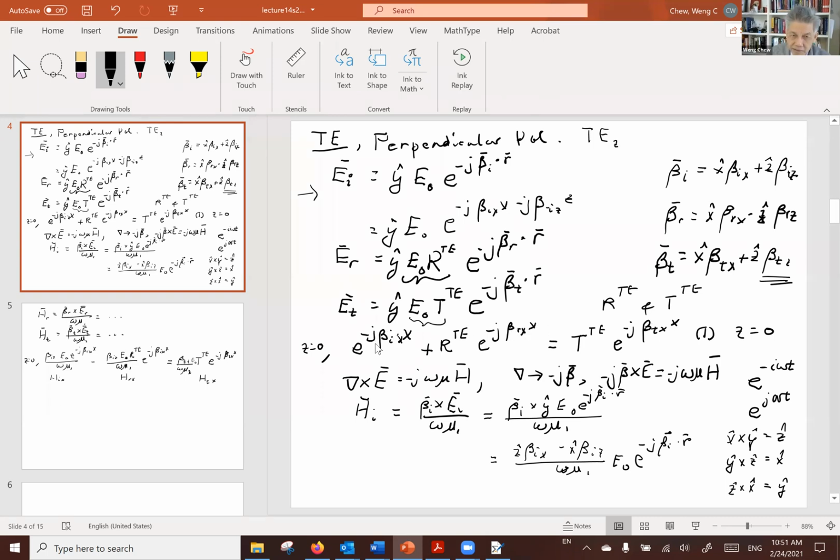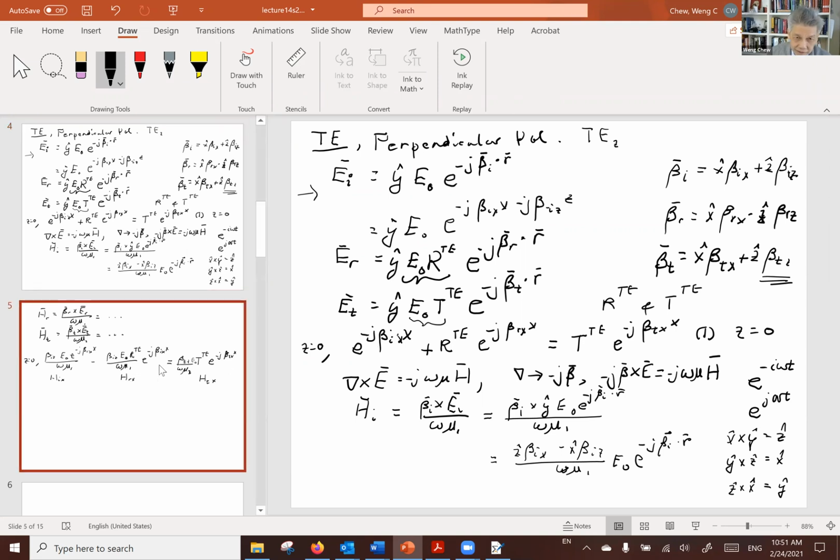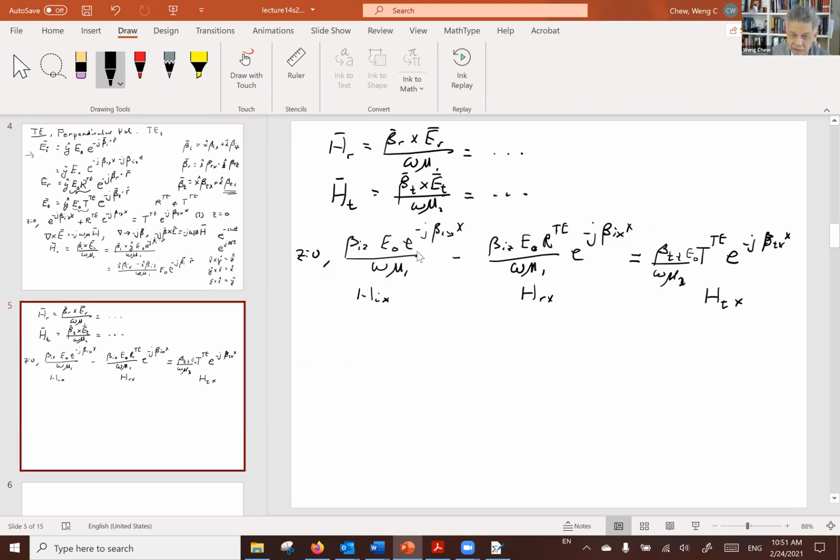Can you see that? Unless the betas are the same, it cannot be satisfied for all x. Second equation, the same thing holds. I need this equation to be satisfied for all x. The beta must be the same. So I immediately conclude, by eyeballing the equation, that beta ix must be equal to beta rx must be equal to beta tx.